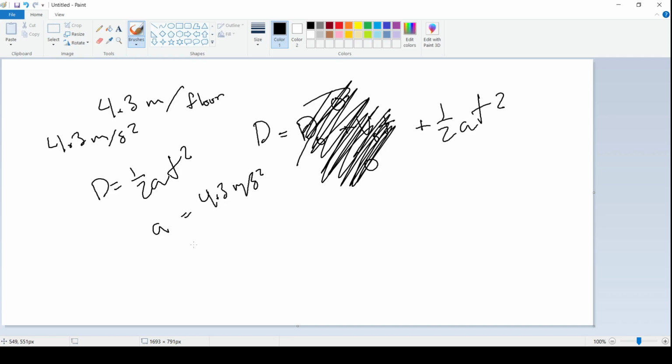Alright, now we're going to do this. 4.3, right, times 1/2. That equals 2. But wait, there's a 0.15, alright? Now we're going to take 9, because 3 times 3, or 3 squared, equals 9. So, 2.15 times 9 equals what?